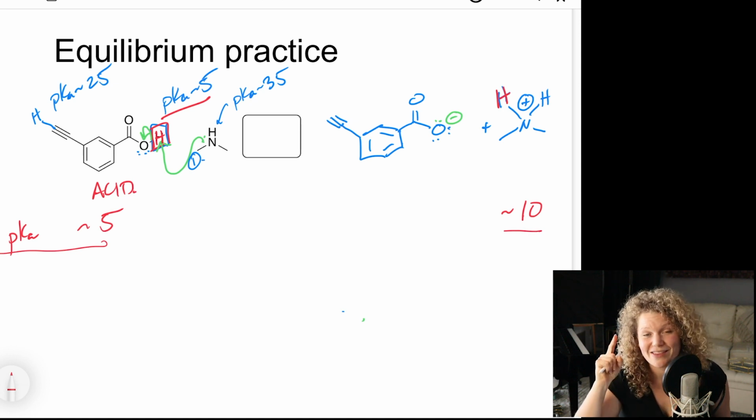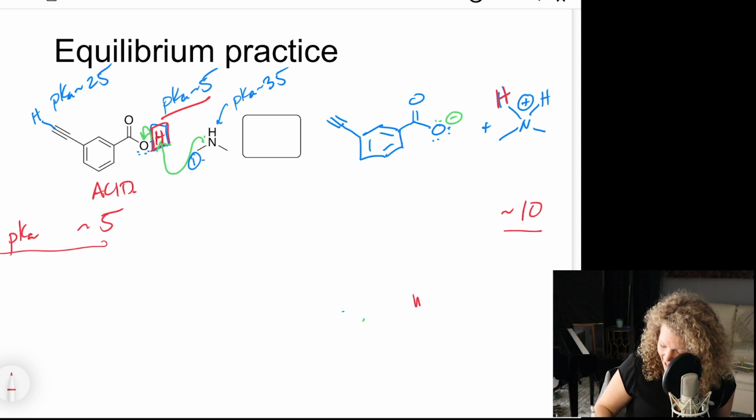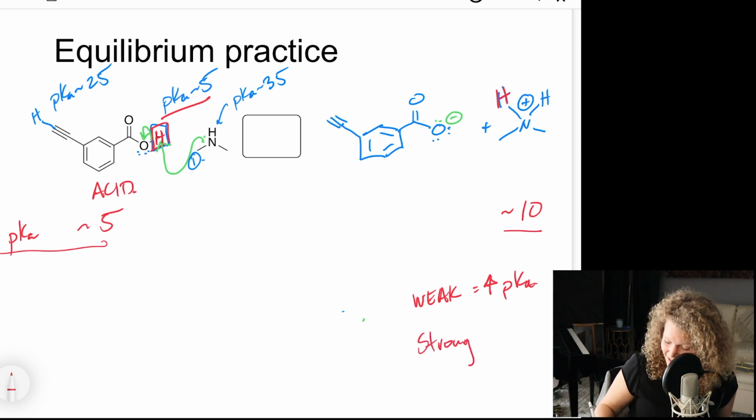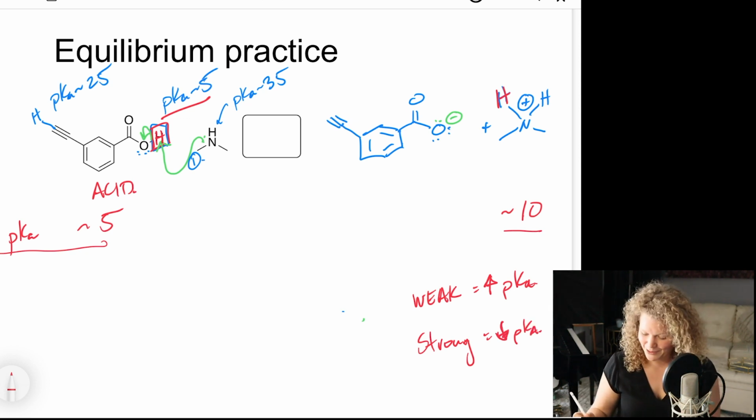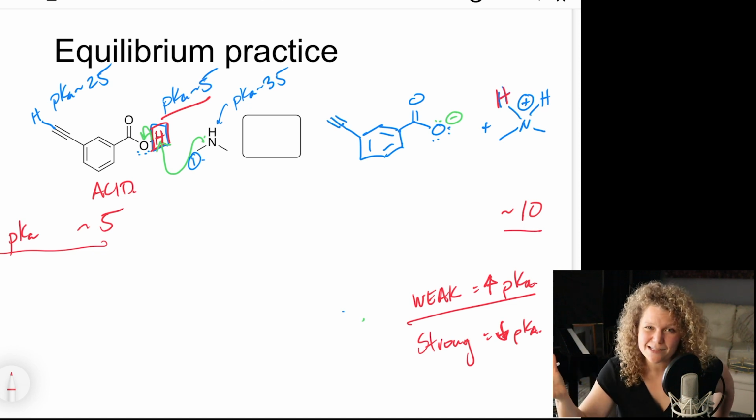We know that the side with the weakest acid is favored. Remember, weak acids have higher pKa's. Remember that strong acids have lower pKa's. I know I've written this many times in this lecture, but it's super important to remember this. So we want the side with the highest pKa.